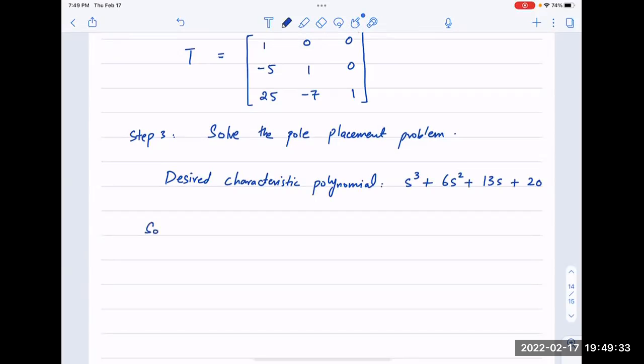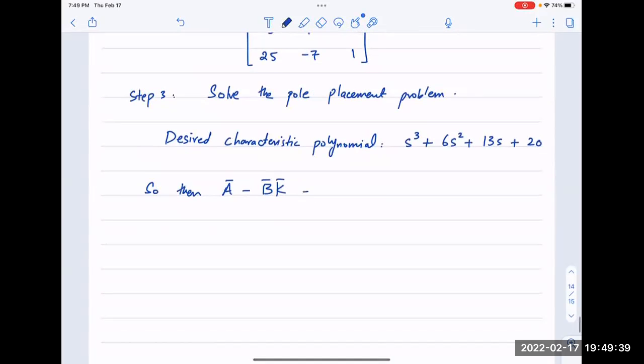So then our A bar minus B bar K bar, which is in the canonical form, we are in this shape. So 0, 1, 0; 0, 0, 1; we have minus 20 here, minus 13, and minus 6 here.